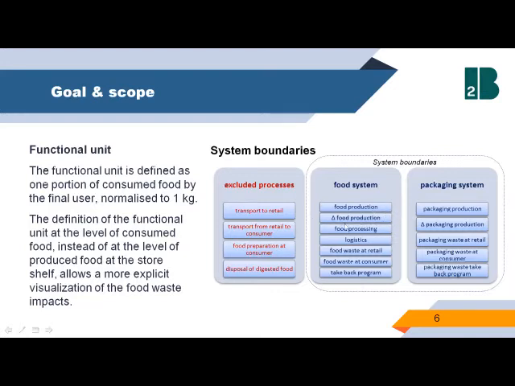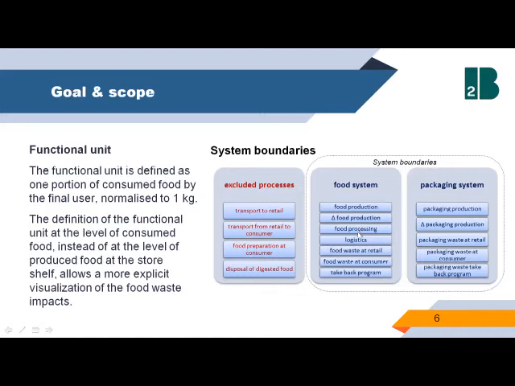So by defining a different category, you can really see what is the impact of the food waste. Because of course the impact of the food waste is not that we should be disposing this food, but the main impact is because we have produced it and we did it for nothing. So this is a way how we can show better what is the impact of the food waste.